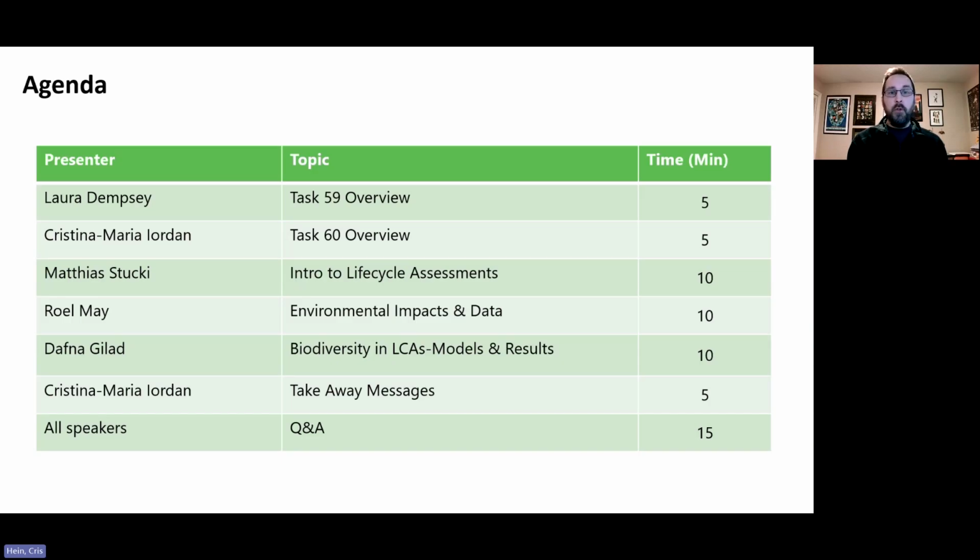Then we'll move into how we can incorporate biodiversity into LCAs. What models do we have, and what do the results show? We'll end with a presentation on takeaway messages, and then with time remaining, we'll have time for Q&A for participants to ask our panelists.